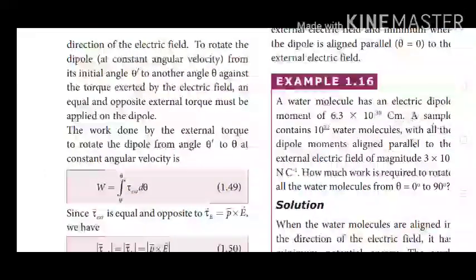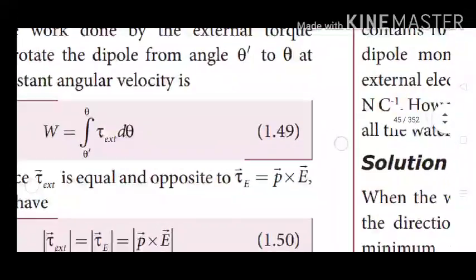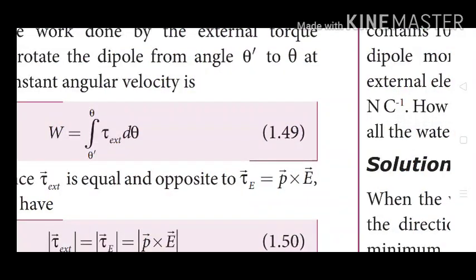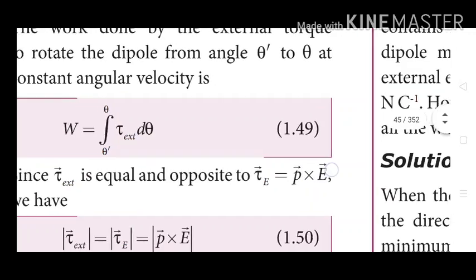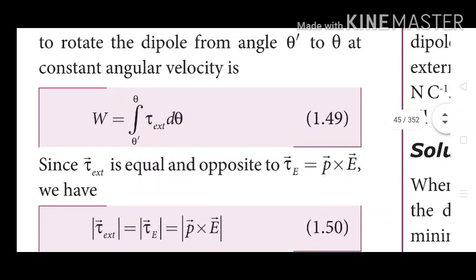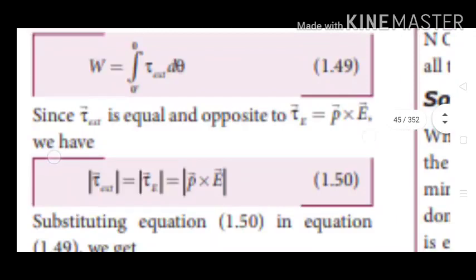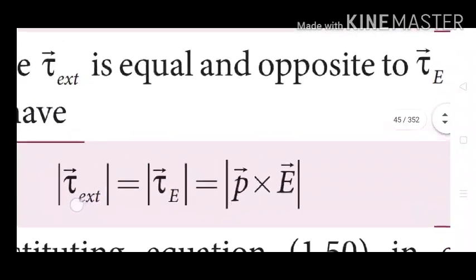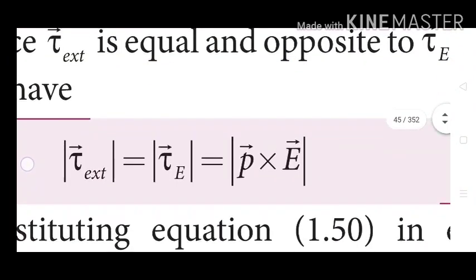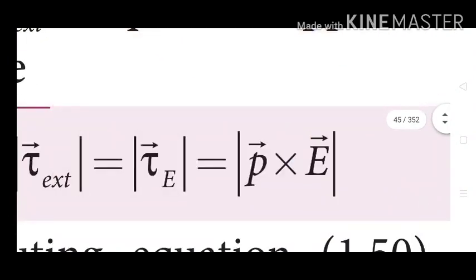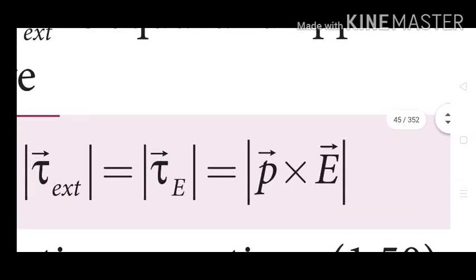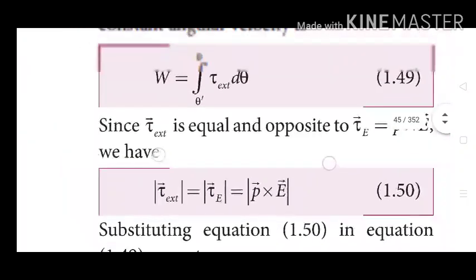At constant angular velocity, the work done W is equal to the integration from theta dash to theta of tau external d theta. Since tau external is equal and opposite to tau of the electric field, which is P vector cross E vector, we have modulus of tau external equal to modulus of tau E equal to modulus of P vector cross E vector.